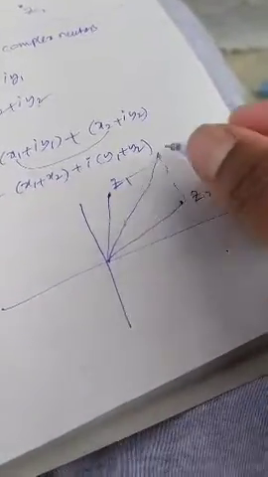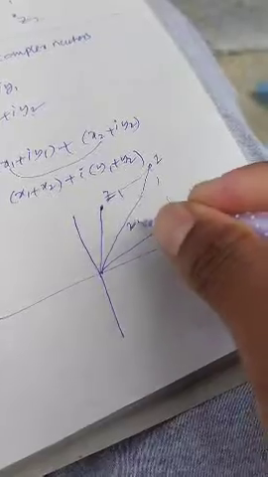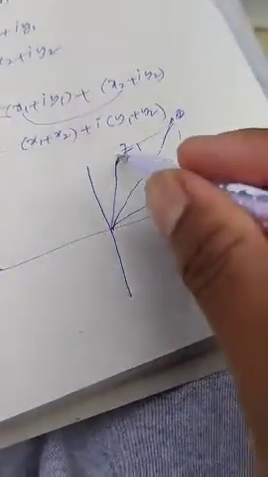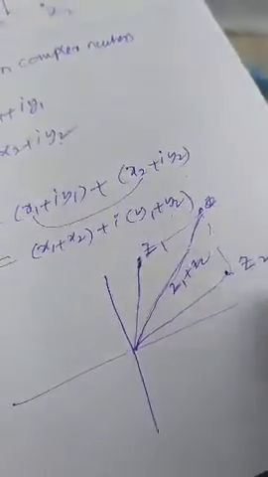So this will represent the Z1 plus Z2 vector. If this is Z1 and this is Z2, then Z1 plus Z2 is the diagonal of the parallelogram. So this is the algebraic expression and this is the geometrical expression.